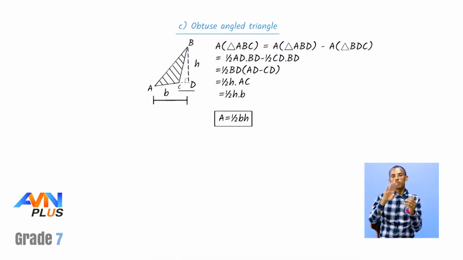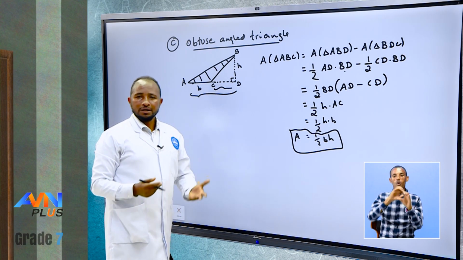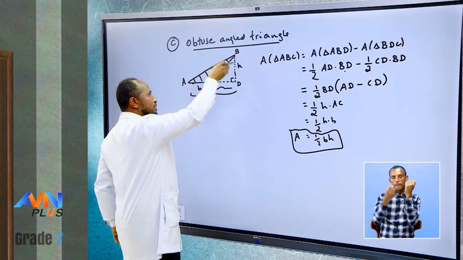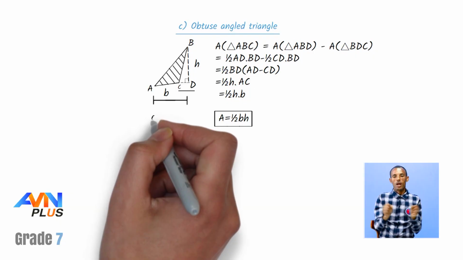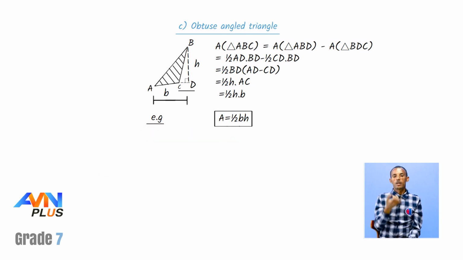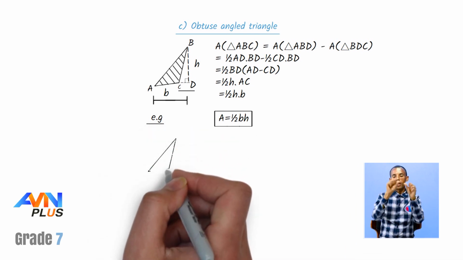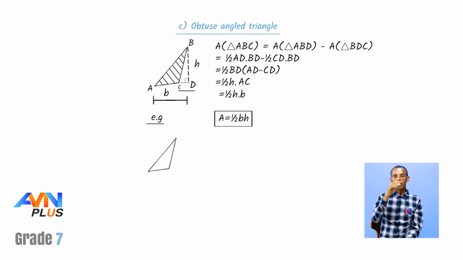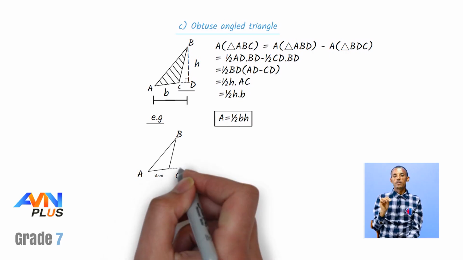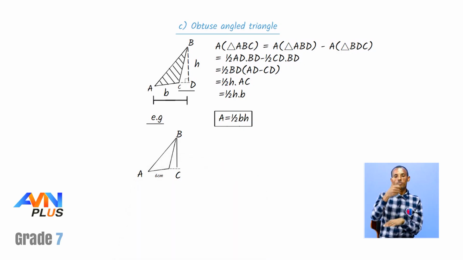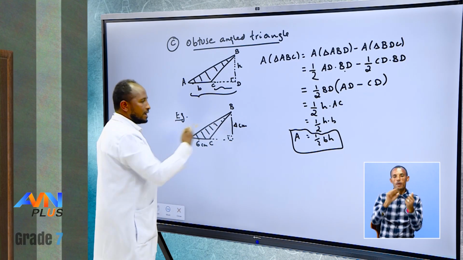Therefore, to calculate the area of an obtuse angle triangle, you can use its base and the altitude, which will be outside of the triangle. So using these two, you can calculate its area. For example, if you are asked to calculate the area of this triangle ABC, and this side is given to be 6 centimeter, and this altitude is given to be 4 centimeter, simply multiply this base and this height.